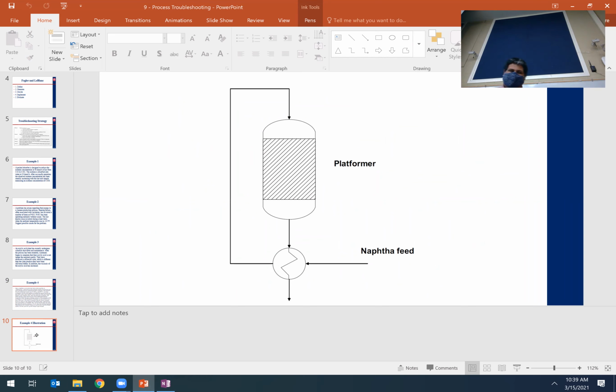And a seal around that heat exchanger, one of the flanges is just leaking hydrogen out. So what are we going to do? All right, what are you guys thinking? Any thoughts?